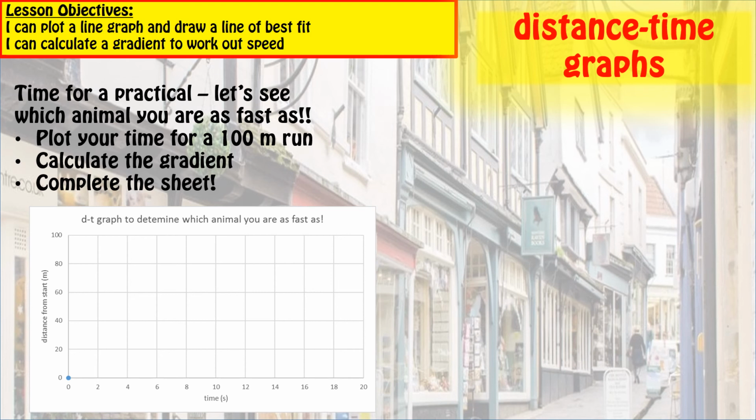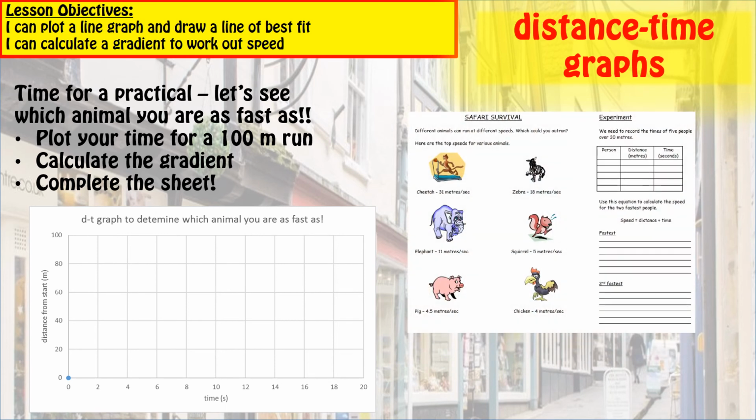You probably run a 100-meter track. If you have a tape measure or something at home, you might be able to measure 100 meters. And you can measure your time to run that 100 meters, calculate the gradient, and then perhaps you could see if you're as fast as a cheetah or a zebra, an elephant or a squirrel, a pig or a chicken.